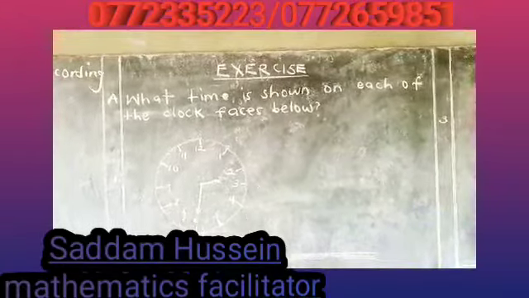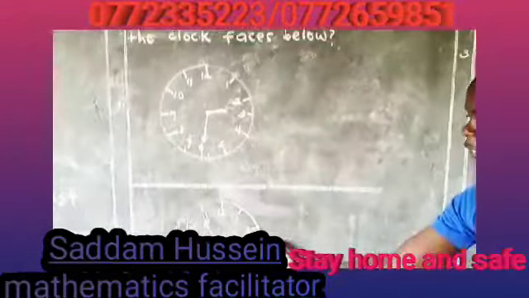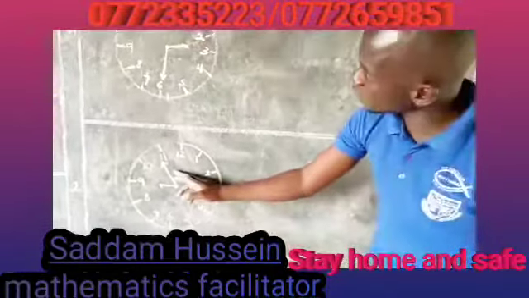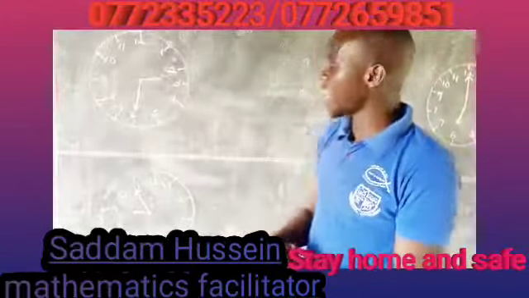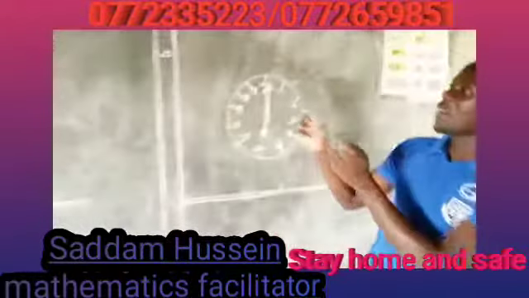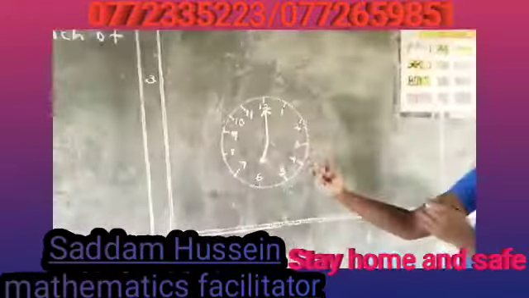This is number 1. Please be very careful, I will not tell you the answer. This is number 2. Look at this carefully, draw it as it has been drawn, and come up with the right answer. Then we have our number 3 here. Make sure that you are able to use the word past, the word to answer these questions.